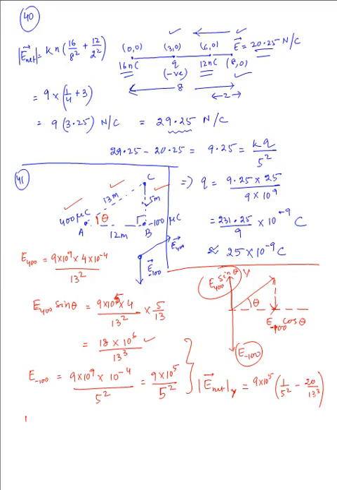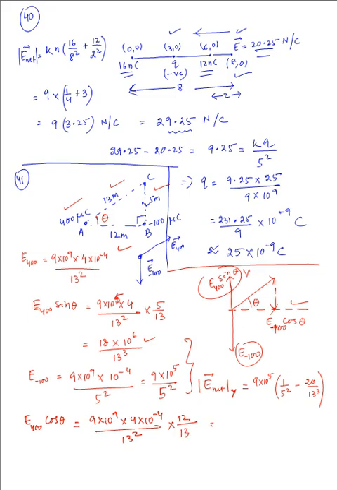Then we have E400 cosine theta, and that is acting along the x direction, so that is equal to 9 times of 10 to the power 9 for E400, and that is 4 times of 10 to the power minus 4 divided by 13 squared again, and then for cosine theta you have the value of base divided by the hypotenuse, that is 12 over 13.